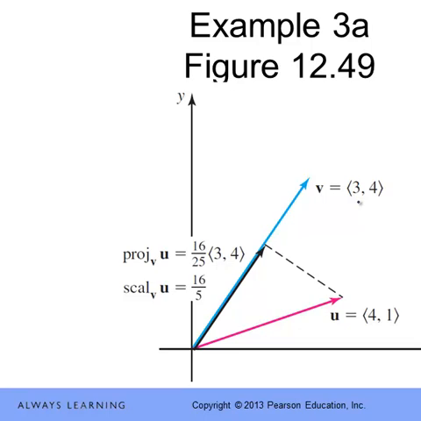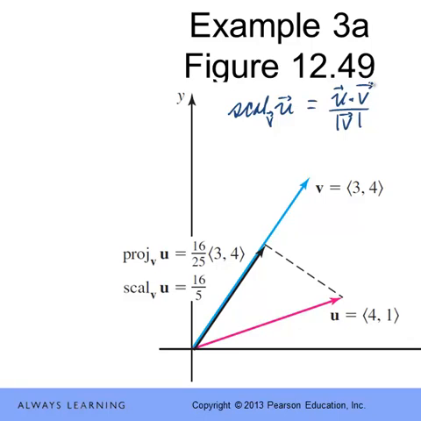Okay, so first of all, the scalar component of u in the direction of v could be written as u dot v over magnitude v, because it could also be written as magnitude u times cosine of the angle between them, which is the same thing as this calculation.